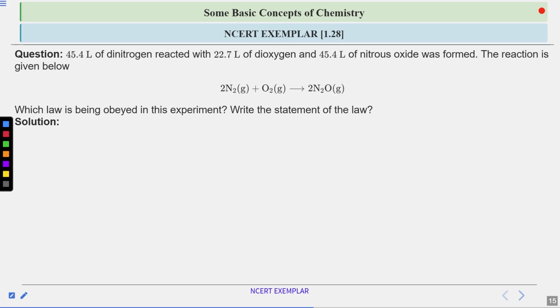So let's see how we can do this. This is your reaction where 2 moles of nitrogen is reacting with 1 mole of O2 to give 2 moles of N2O.